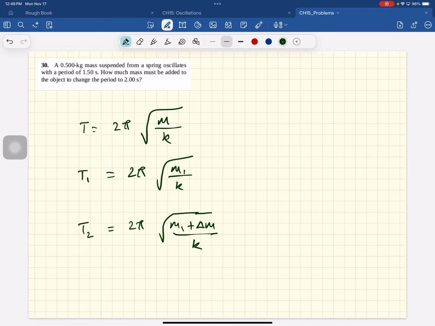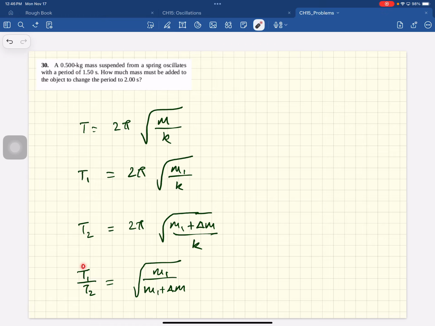Okay. So T1 over T2. We know this, we know this, we know that, so this is the only unknown. And you can calculate that.